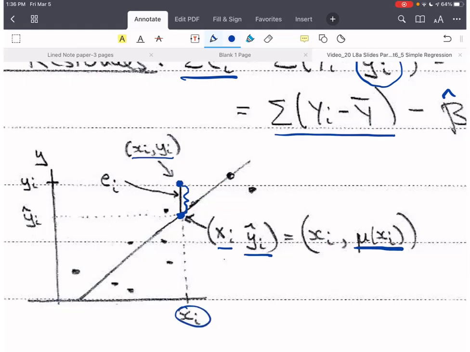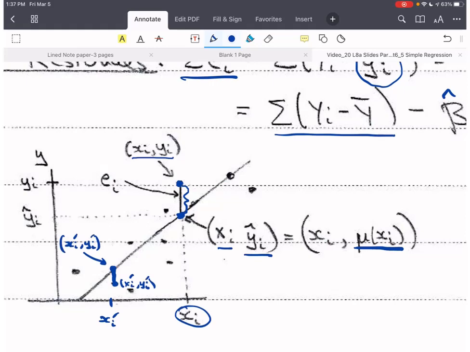Now, if we chose this point here, it's below. So this would be x sub i, y sub i, and this point would be x sub i, we'll call it prime. And so we'd say this is x sub i prime, a different value, comma yi. And we can use a prime there for those two.